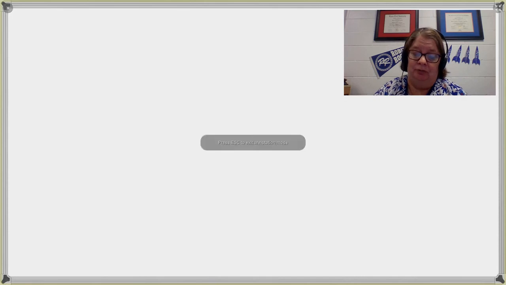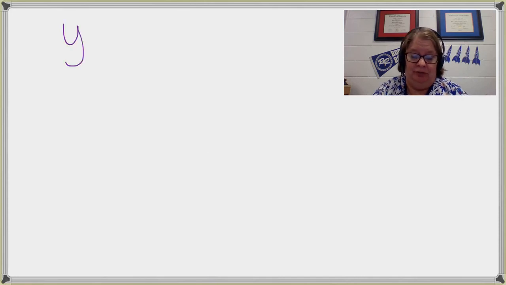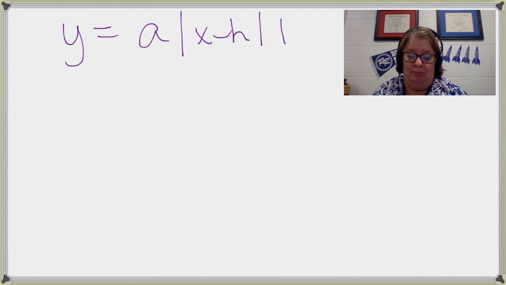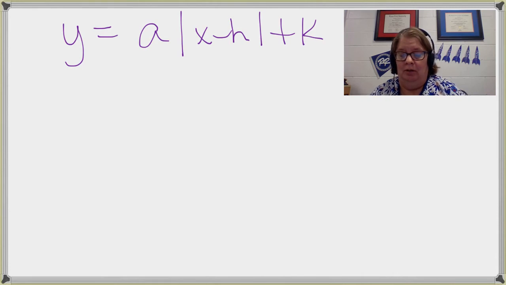So our transformation rules. Here's our function. Plus k moves the graph up. It's called a vertical shift, or vertical translation, you can say.